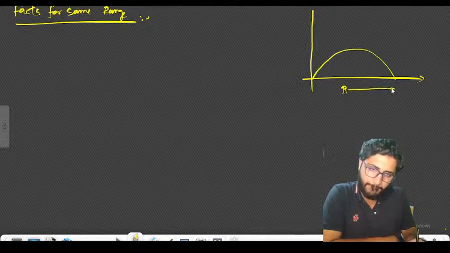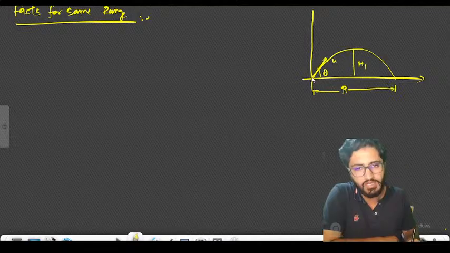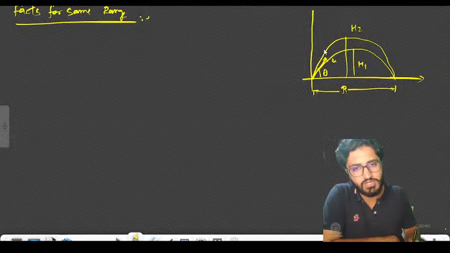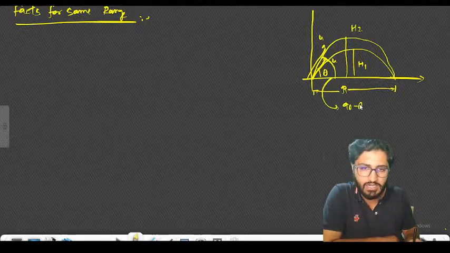Range is R and angle is theta, with initial velocity u and this height h. Then the second one is fired with the same u, and this angle will be 90 minus theta.